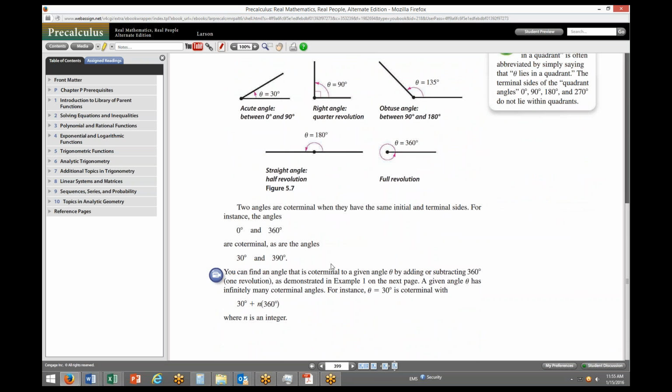Now, I said you can add an integral multiple of 360, so n can be any integer, positive, negative, or 0, like -3, -2, -1, 0, 1, 2, 3, whatever. Multiply that times 360 and add it to your original angle, and you will have the measure of an angle that is coterminal with a 30-degree angle.